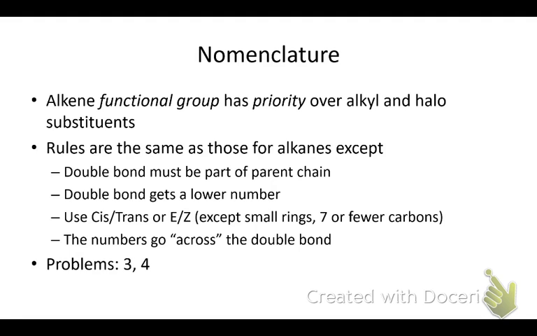I won't mix alkenes with alcohols right now because I know it sounds weird, but too many rules. You don't need those yet. You'll need them maybe later. So because it has priority in the parent chain, you want the lowest number in the parent chain.